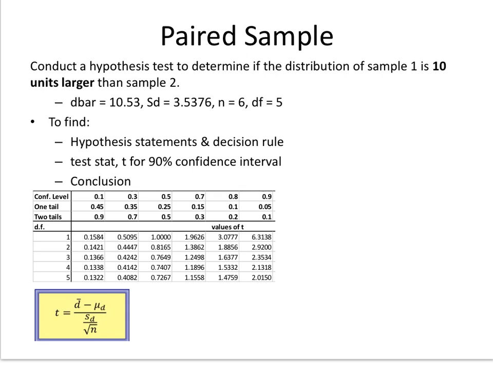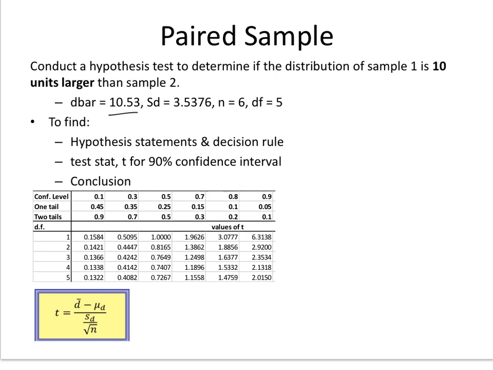Okay, so that's a different question altogether. I said a minute ago, remember our confidence interval estimate was 7.62 to 13 something, and our d bar again was 10.53. So all these characteristics stay the same.